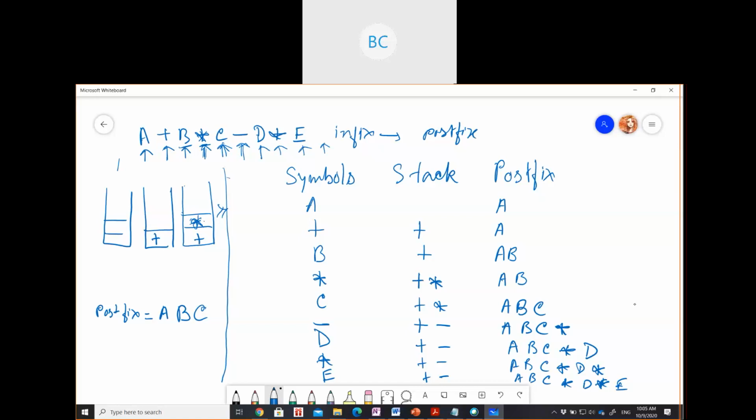So you will simply keep minus and plus. Okay. Now see, the problem here is we do not have any brackets. So there might be some expression that consists of brackets as well. So in those cases, you need to think about the brackets as well.